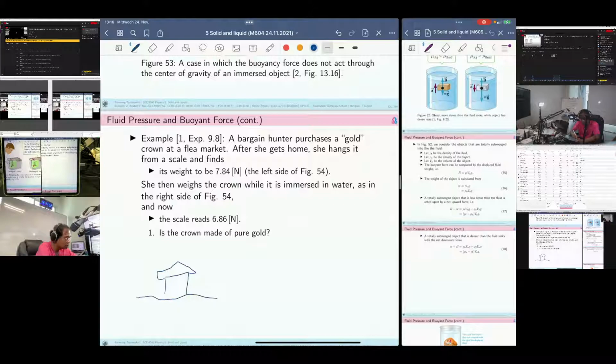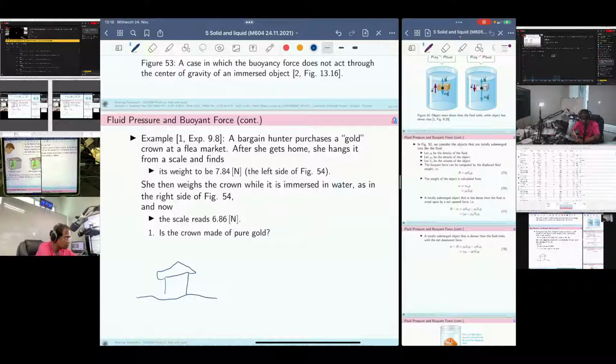I don't need to draw the figure at all because they have also provided the figure here in figure 54 on page 122, okay. And that's the whole story of this example, this question.